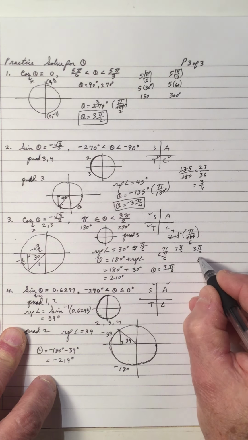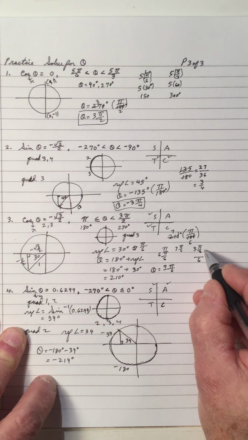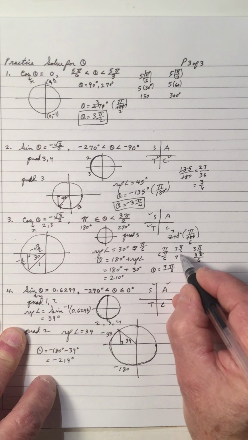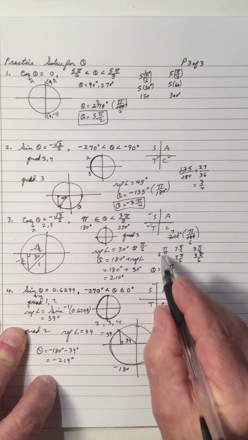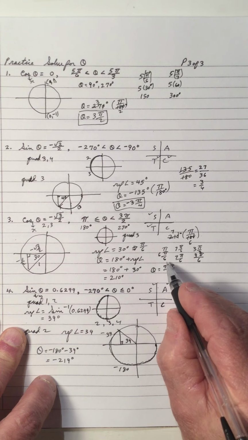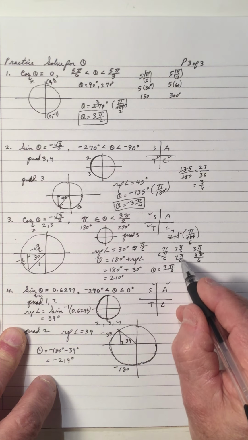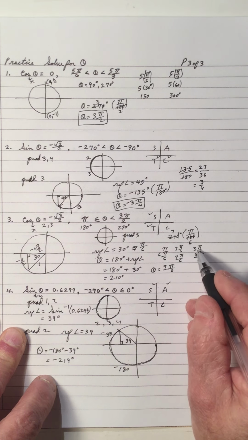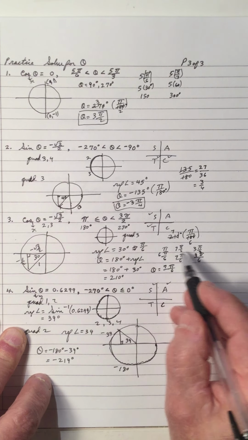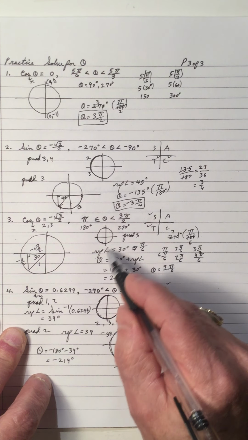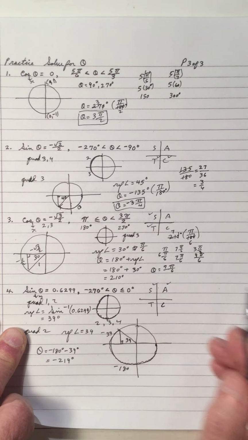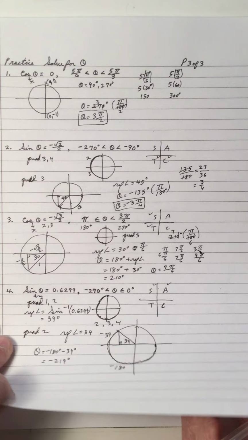And if I put a 6 here, 3 times 2 is 6, so that's 9 pi over 6. So 7 pi over 6 is in between. Pi is 6 over 6. 3 pi over 2 is 9 over 6. All denominators are 6. So 7 pi over 6 is between pi and 3 pi over 2 when you convert to the same denominators. But I didn't do that. I'm explaining that way. I picked up the degree and then I converted my degree to a radian, which is probably a little bit easier.